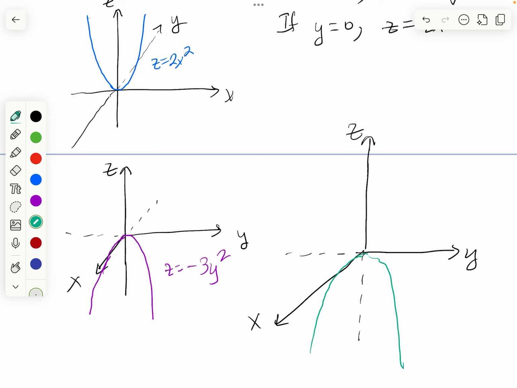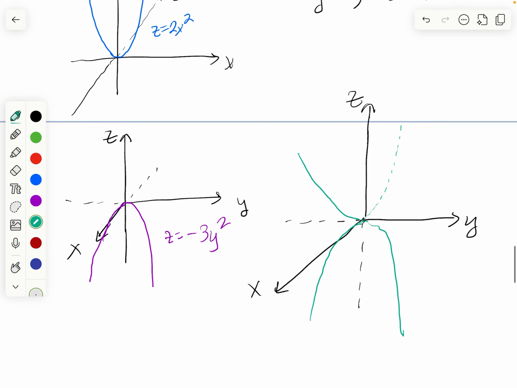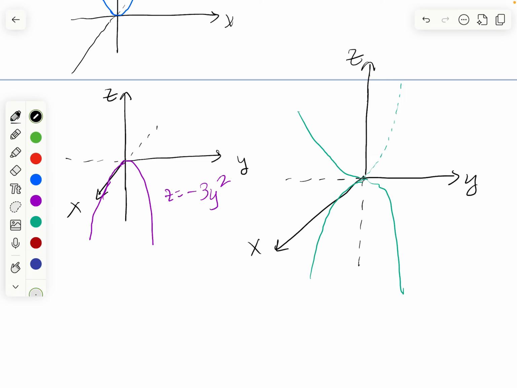But then from the perspective of the xz plane, it looks like this. And I don't have a good graph of this, but if you've ever seen a Pringle chip, it sort of looks like a Pringle chip when you graph the whole thing.